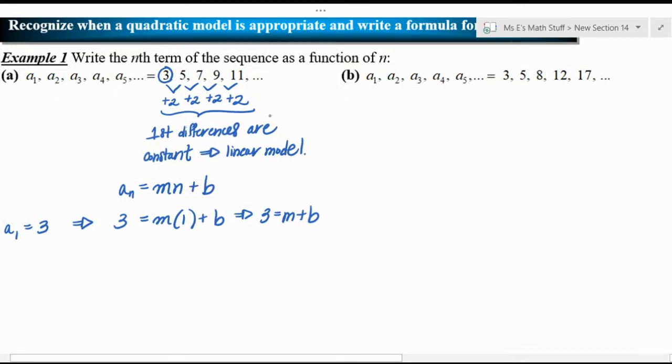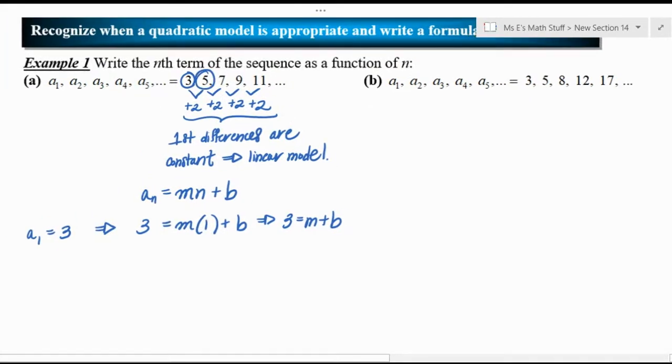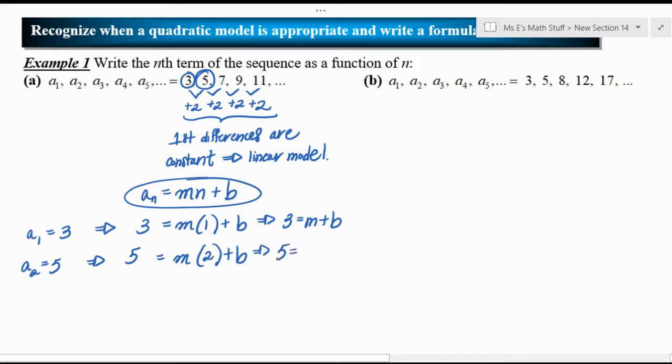So you could go to your next number, which is 5, and say a sub 2 is 5. If n was 2, it would say a sub 2 is m times 2 plus b, and I could replace a sub 2 with 5, and that would give me the equation 5 equals 2m plus b.